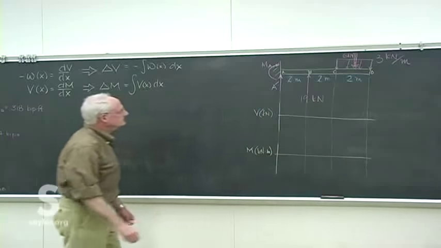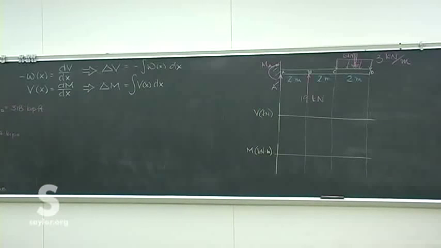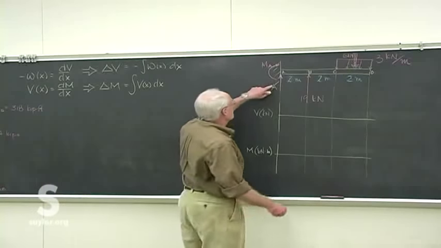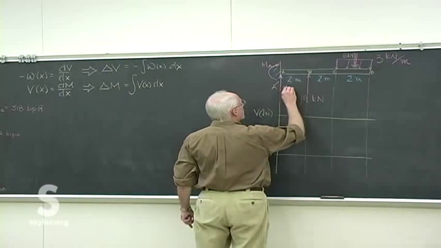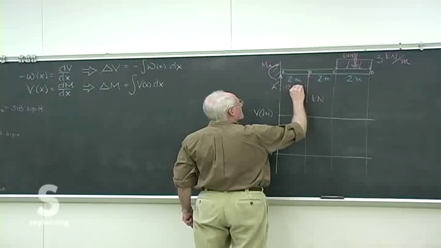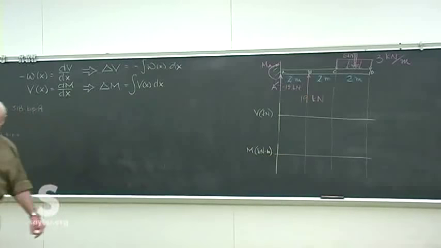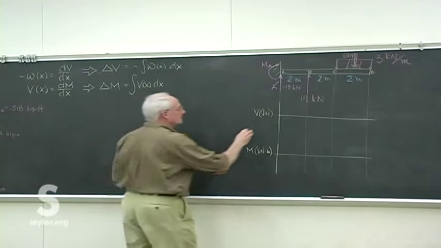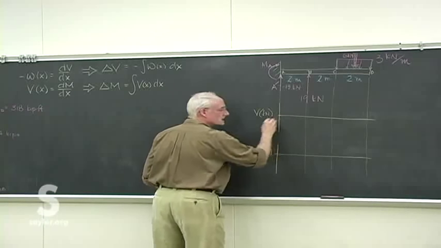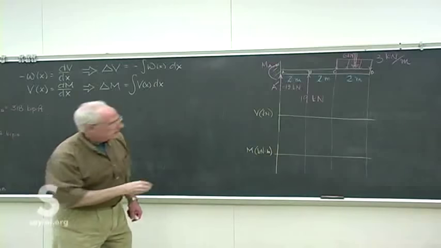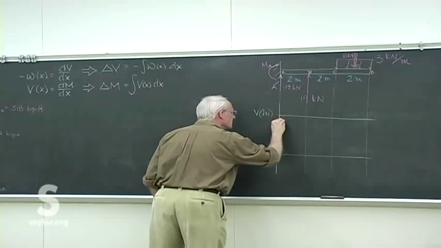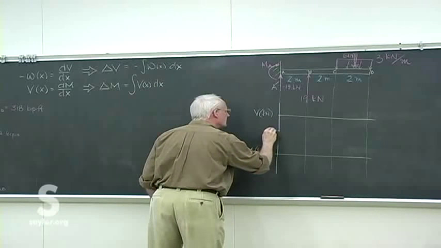So we have 6 kilonewtons down, 19 kilonewtons up, so A is actually in the wrong direction there. You're going to get an A of minus 13. So that's your starting point to give you enough room. That's actually the biggest value we're going to get.